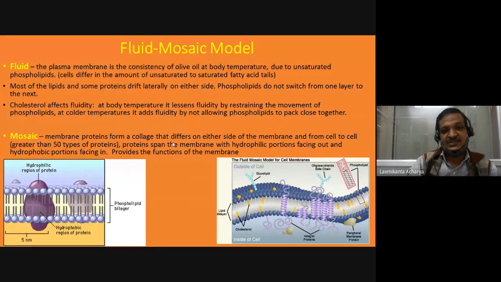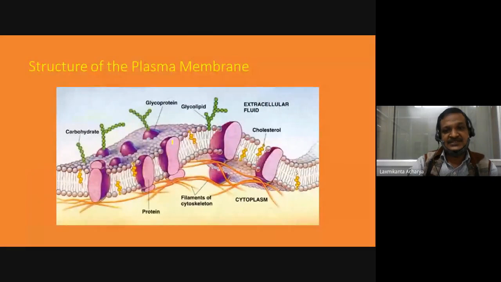Now this is the structure of your plasma membrane, where this is carbohydrate, and this is your cytoskeleton filaments. This is a glycolipid, carbohydrate attached to lipid, and this is a glycoprotein, carbohydrate attached to protein. This is your cholesterol.